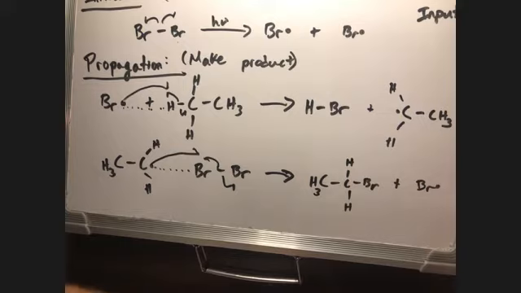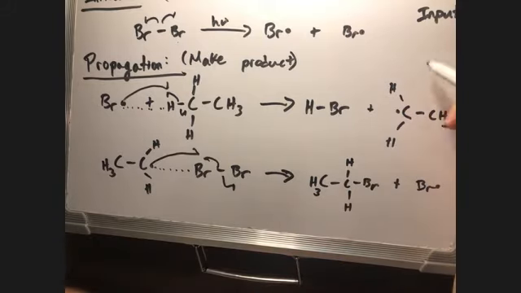So in this simple mechanism, I didn't want to overcomplicate it by making the alkane particularly difficult. But if it's not ethane like this, the radical will form at the most substituted position. Here, they're the same, so it'll happen at either one.